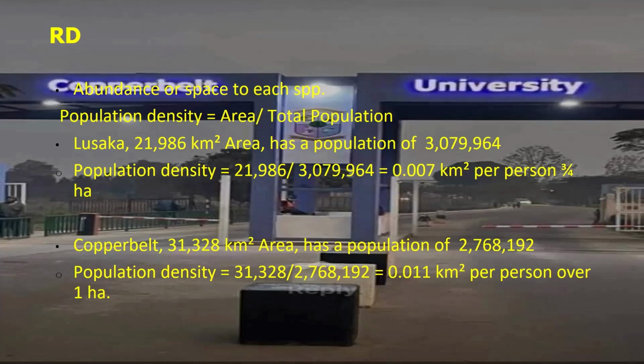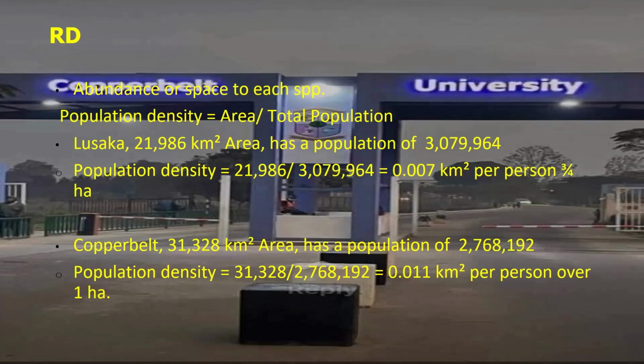How much area should every individual be entitled to, assuming that every individual is given a portion of land? So we are saying the total area of Lusaka divided by the population. So we have 21,986 divided by 3,079,964. If we divide that, we will get a value of 0.007 square kilometer per person.